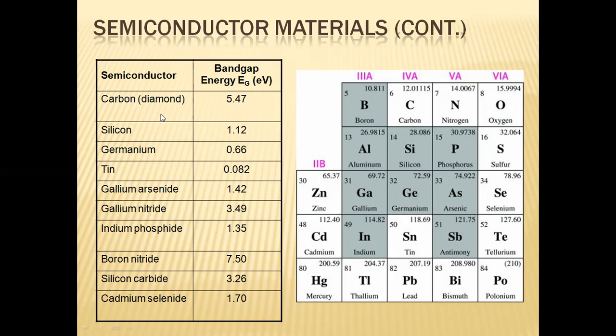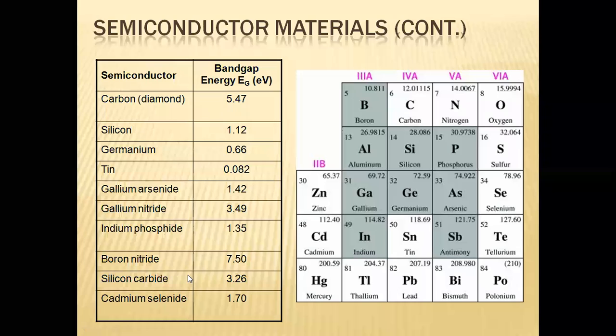Coming to the band gap energy for each and every type of semiconductor, the material has been given here, and the band gap has been specified here. Let's have a look at these materials. Germanium has 0.66.